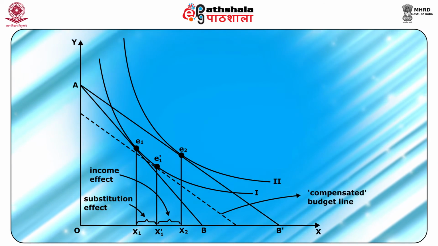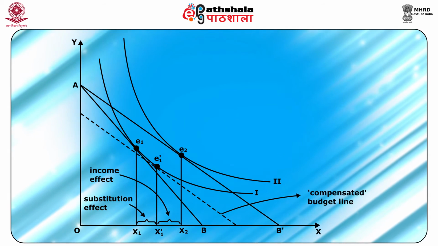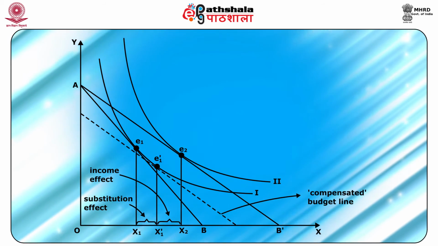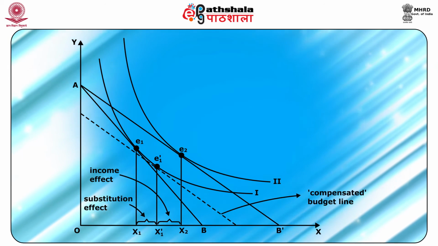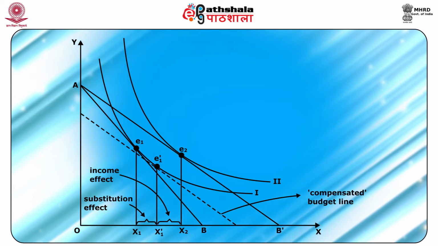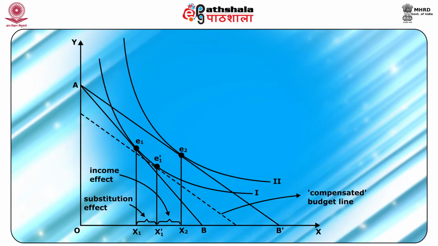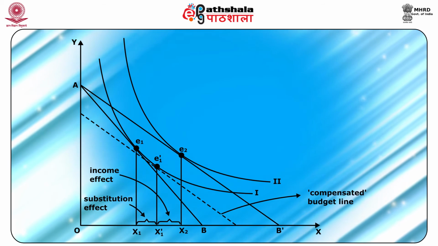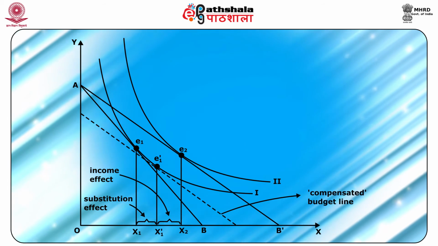At E2, the consumption of X increases from X1 prime to X2. So the total consumption of X has increased from X1 to X2, but this has taken place in two parts, first from X1 to X1 prime and then from X1 prime to X2.